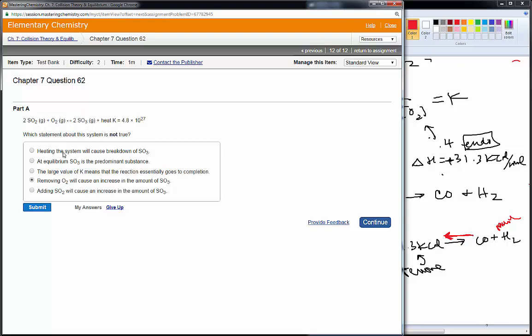And I skipped this one because I wanted to come back to it. Heating the system would cause a breakdown of SO3. Yes, because heat is a product. So if I add more heat, I'm adding more product, so it's going to push the reaction backwards, which breaks down the SO3. So this is the one that they want.